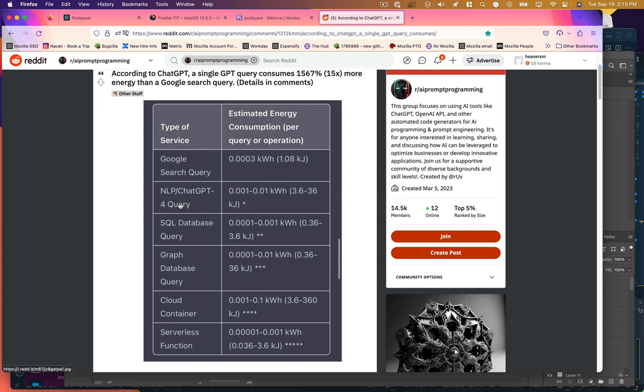While we have an average query, we have a much larger context window, so that's going to factor in, and we're probably going to be a little bit higher than that figure if it's correct.